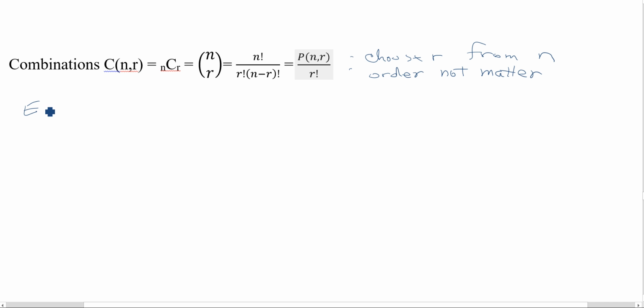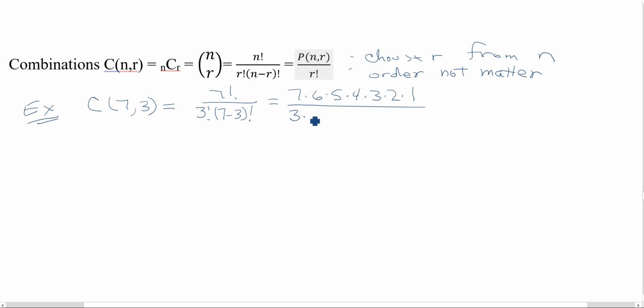And so let's look at some examples. Let's look at combination 7, 3, and using that first definition, that's 7 factorial over 3 factorial, 7 minus 3 factorial, which would be 7, 6, 5, 4, 3, 2, 1, over 3 factorial, 3, 2, 1, 4 factorial, 4, 3, 2, 1. Notice that the 4, 3, 2, 1 cancels out.